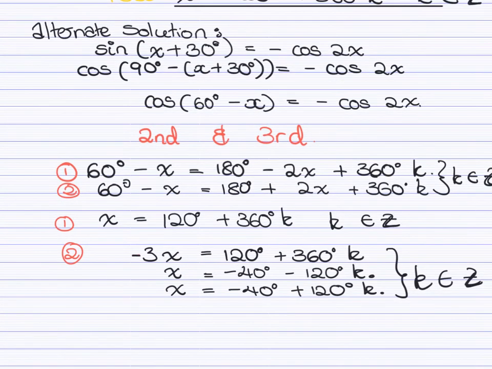As mentioned previously, if your question specifically stated that you were not to have any negative degrees here, you would then be required to add the new period. So the new period, since you divided by 3, is now 120 degrees. So you would add 120 degrees to your negative 40. Now, once you do that, your answer would then become 80 degrees plus 120 degrees k, k being an integer.